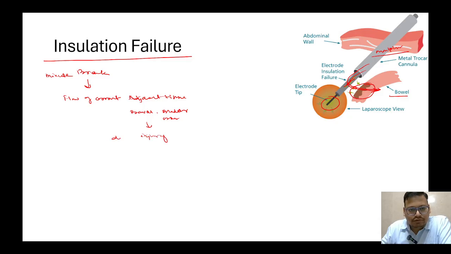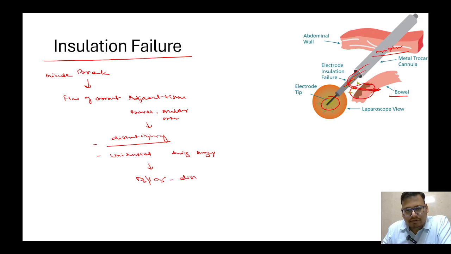So this is usually a distant injury, and the main problem is that it is usually unidentified during surgery. Generally, these patients develop distension of the abdomen at day 3 or day 5.